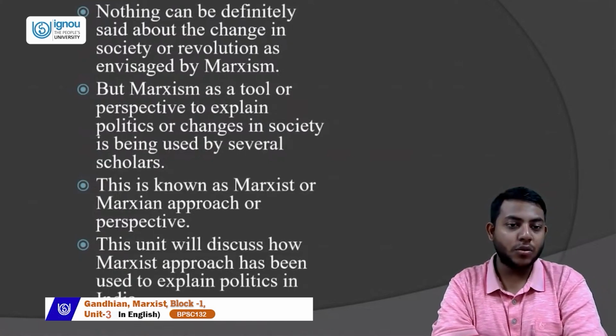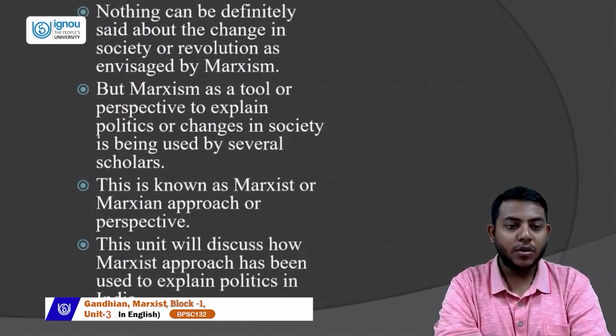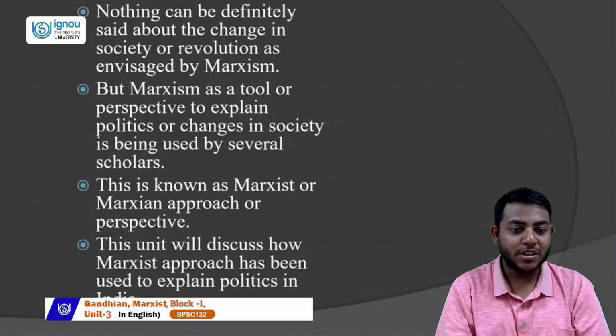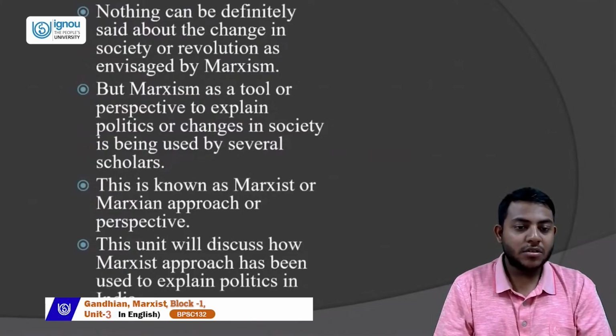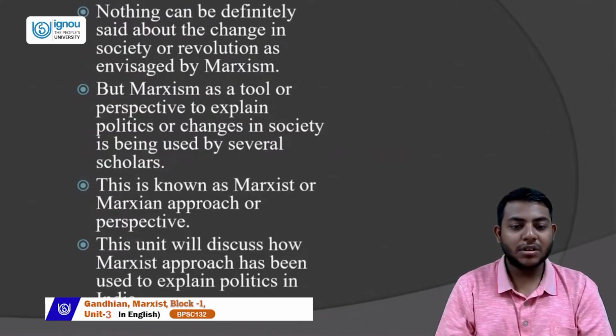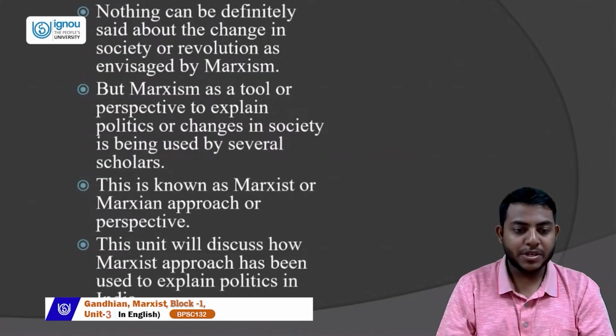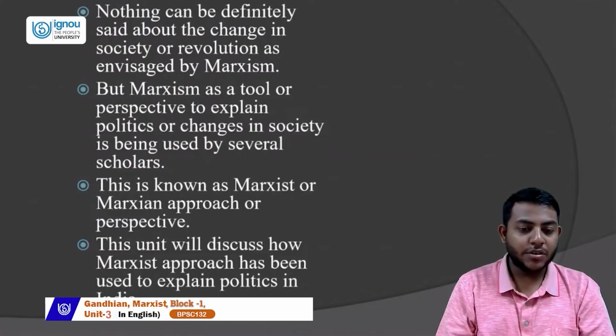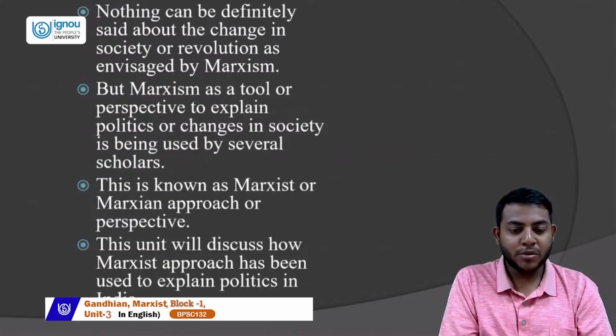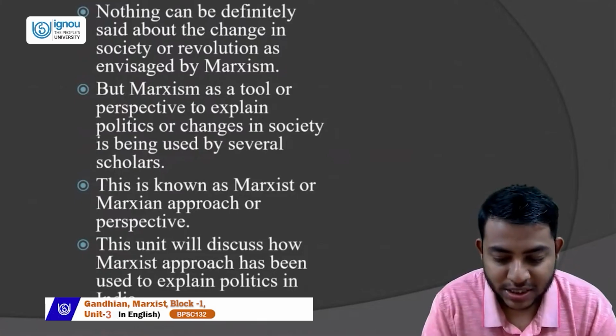But Marxism as a tool or perspective to explain politics or changes in society is being used by several scholars. This is known as the Marxist or the Marxian approach or perspective. And this unit will discuss how the Marxist approach has been used to explain politics in India.